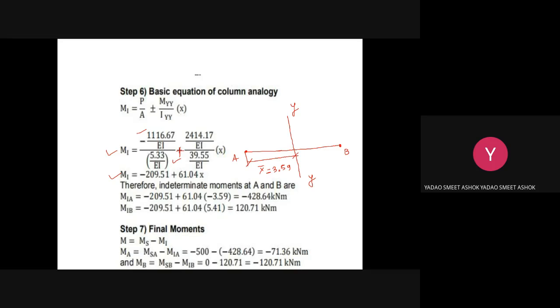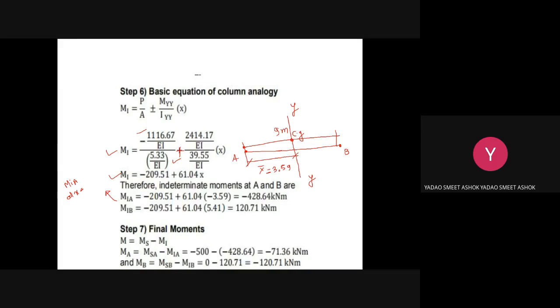And the total length of the beam is 9 meter. As you can see, this is the CG of the analogous column section, and MIA means MIA at x is equal to, you have to put the value of x here. From CG, at what distance is point A located?